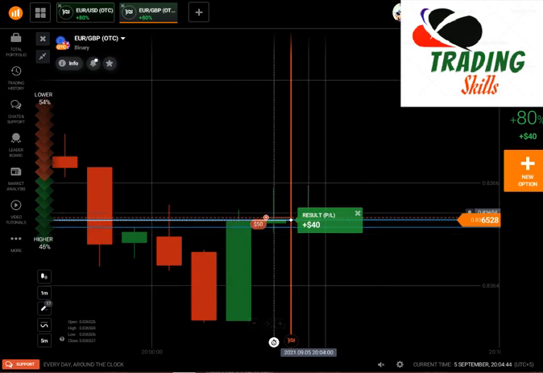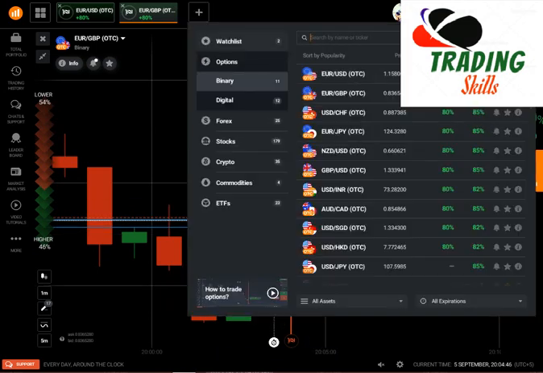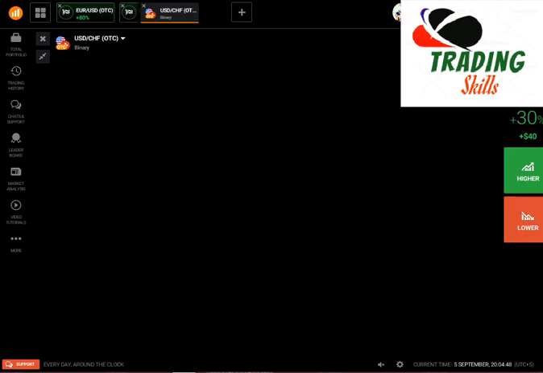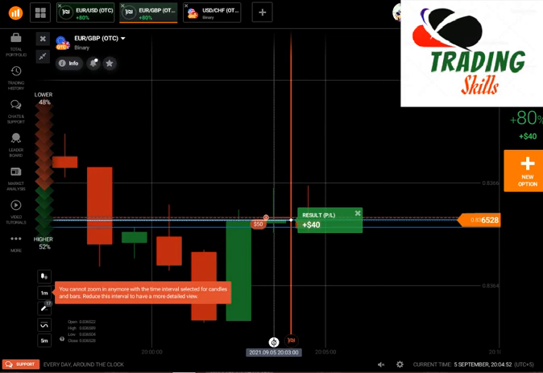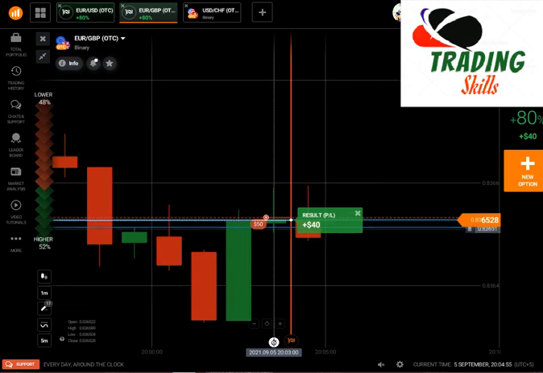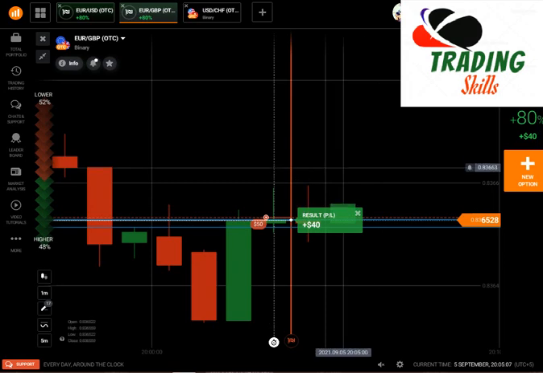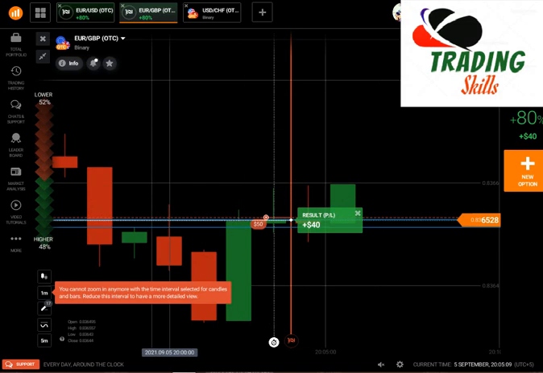Again this candle can go down, but I need to start trading with another pair. You can see the market is still trying to go down, and this candle closed exactly at the level again. It means that buyers are very weak here, therefore sellers are trying to enter, and you can see again sellers entered the market, and the market closed here with a bearish candlestick.